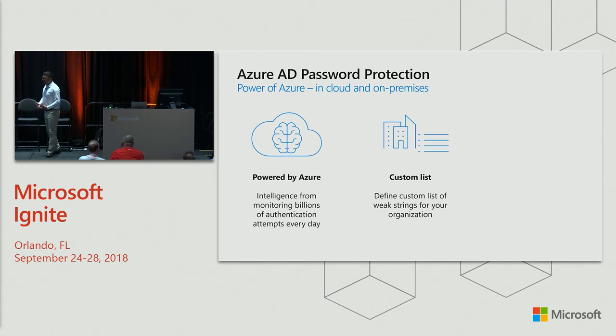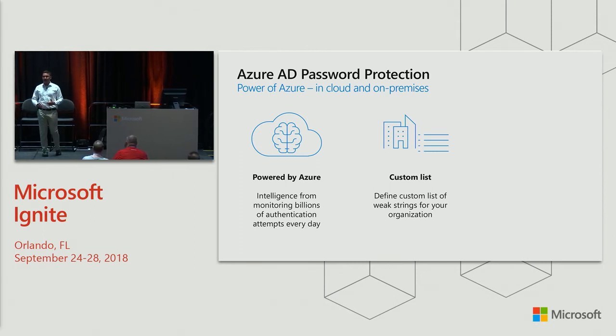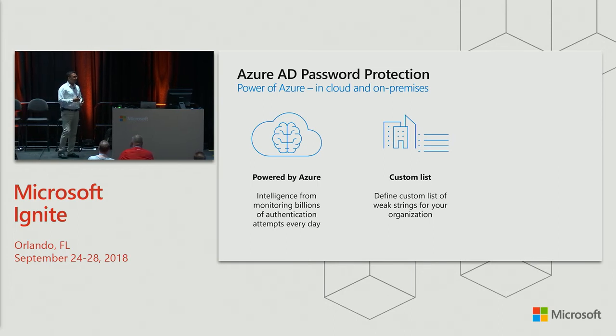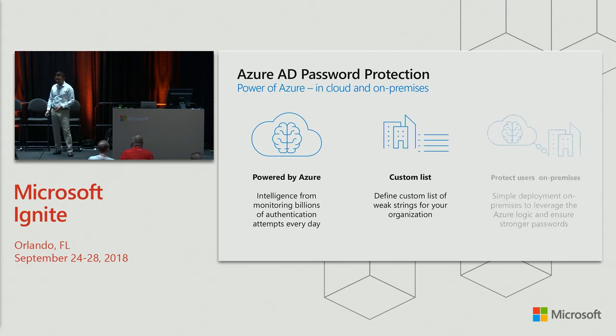For example, if I have a company, Contoso, that makes footballs, I can add Contoso football and some other strings like that to the list. Whenever Azure AD Password Protection evaluates the strength of a password, it takes into consideration both the global list and your organization's custom list, and then does the strength check against this string.